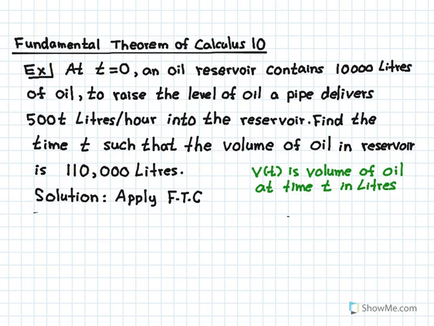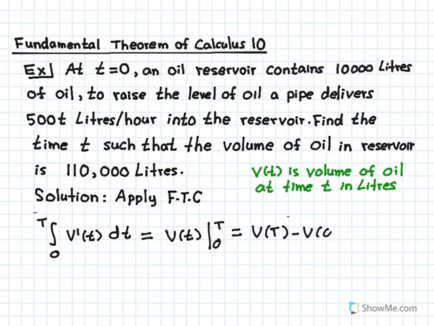So what we have is the integral of V prime of t dt from 0 to t, that's equal to V of t from 0 to t, that's equal to volume at time t minus volume at time 0.